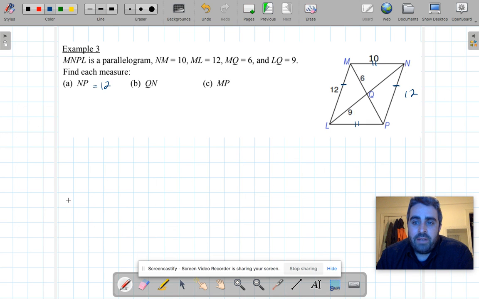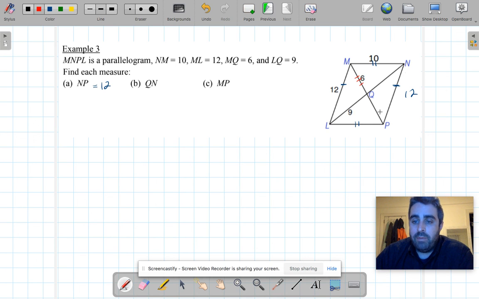The next question asks for the length of QN. So QN we can see is a part of the diagonal LN, and we see this other diagonal is intersecting in the middle at Q. Well, one of the properties of a parallelogram is that the diagonals bisect each other.